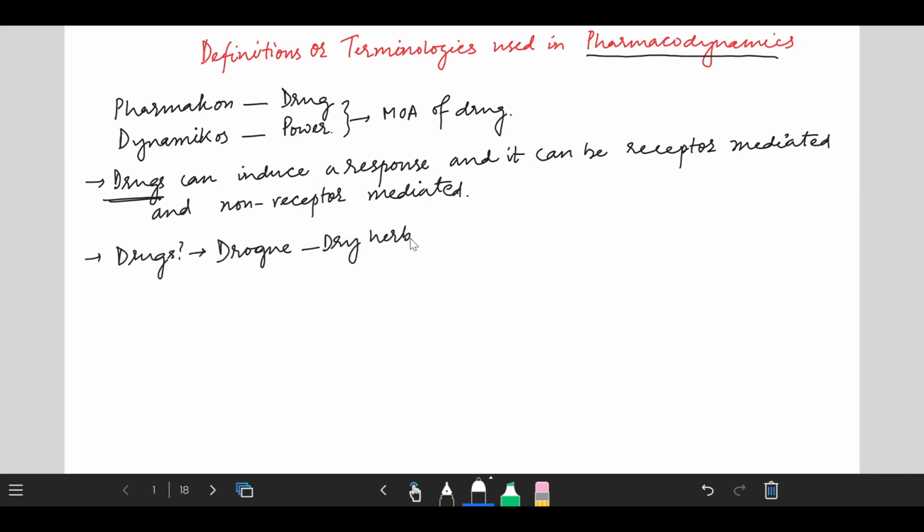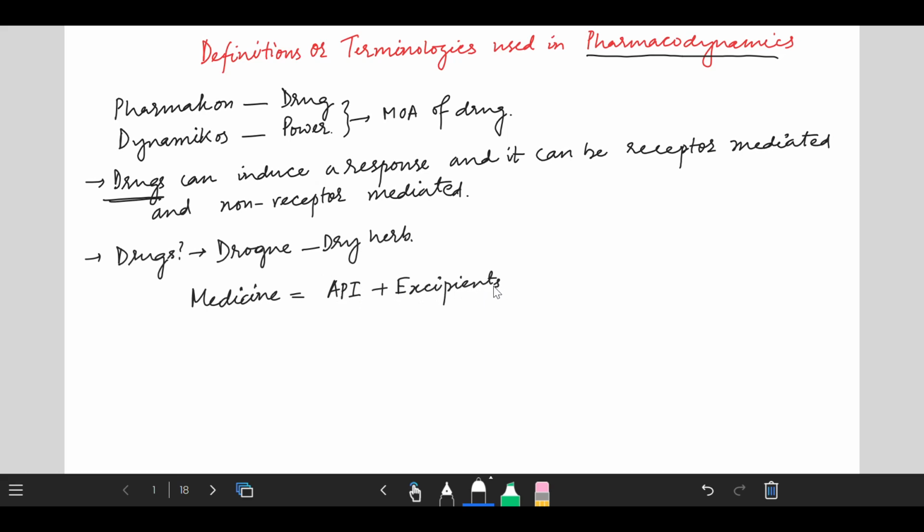Now we will understand pharmaceutical, okay? We know medicine equals to, do not write like this, okay? I am just writing like this to make you understand. Medicine is active pharmaceutical ingredient plus excipients.